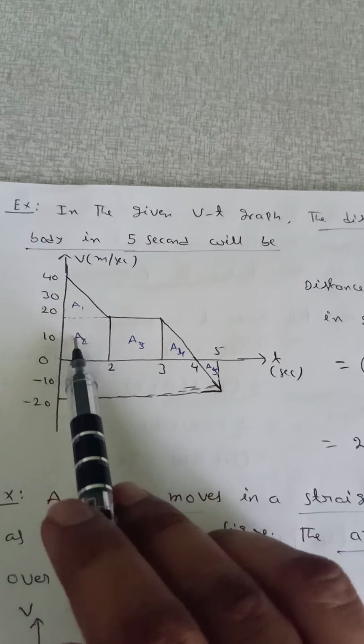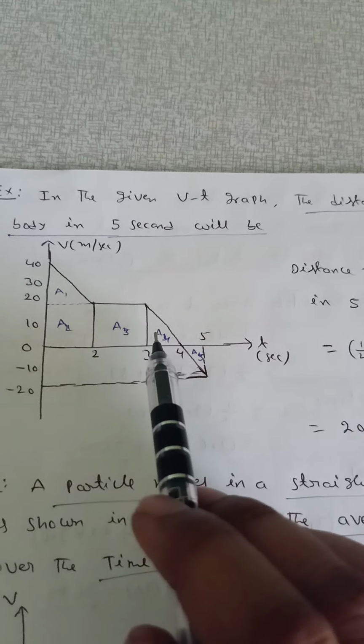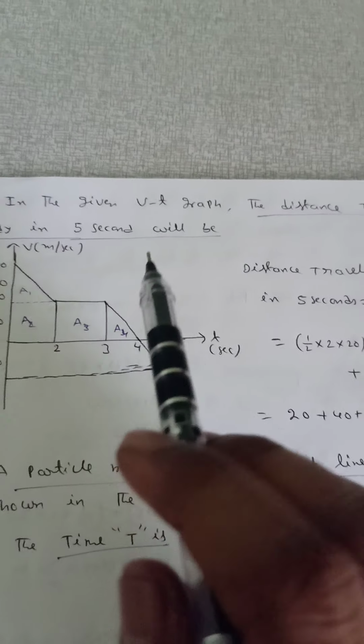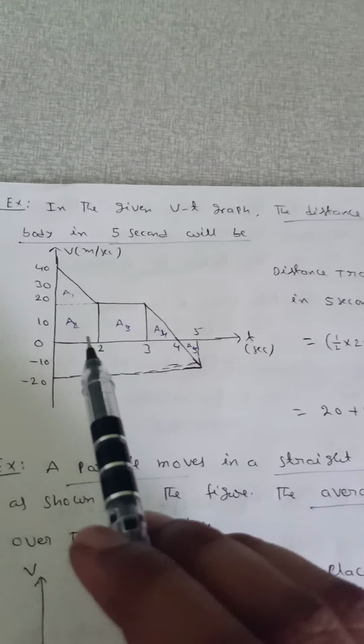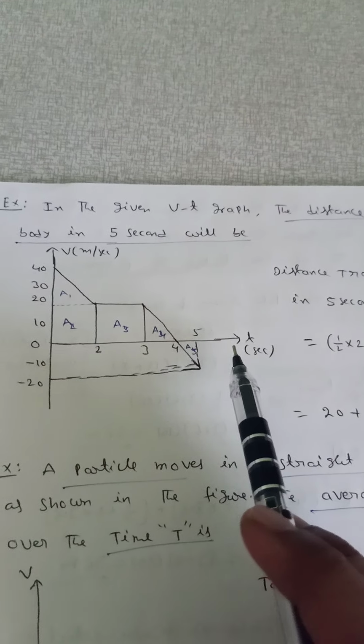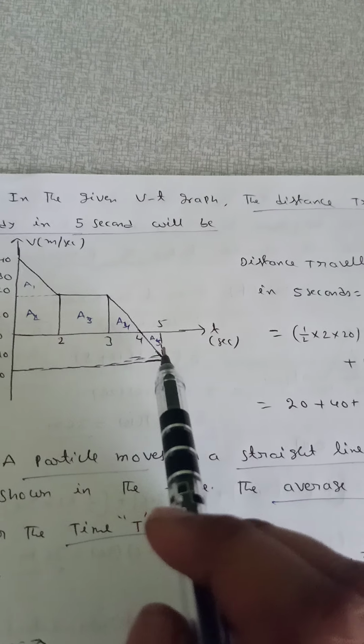The total part is divided into A1, A2, A3, A4, A5. That means the distance traveled by the body in 5 seconds is equal to the area under the velocity time graph: A1 plus A2 plus A3 plus A4 plus A5.